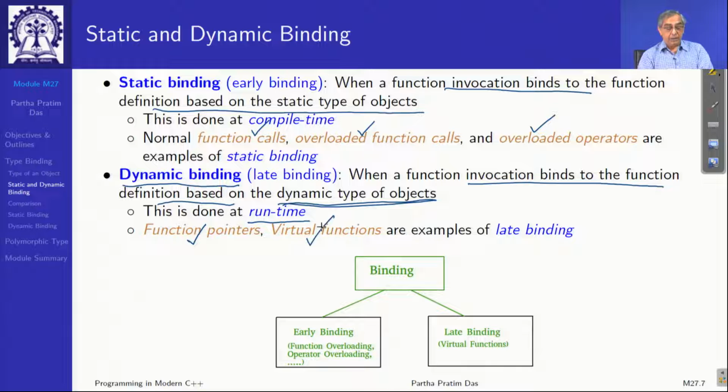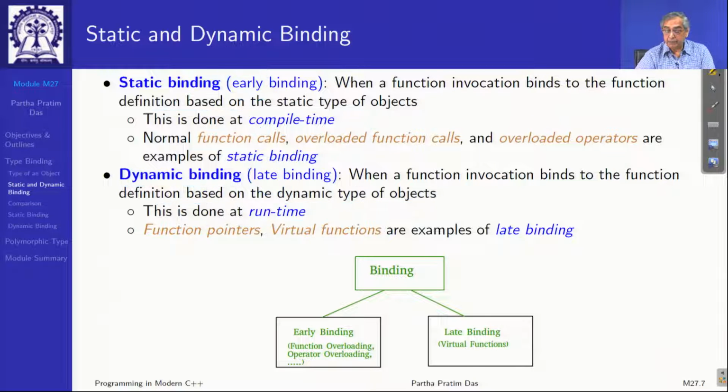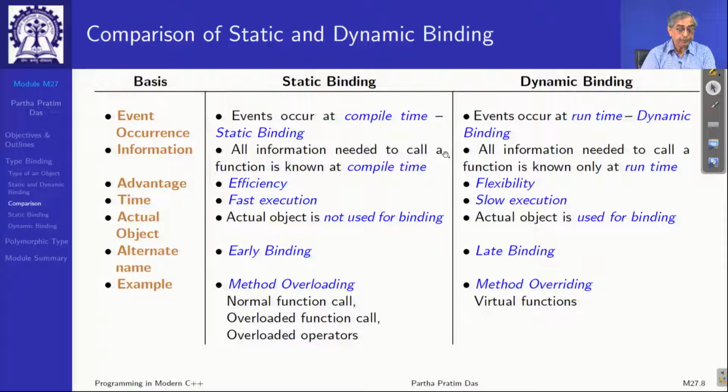Virtual functions are really the dynamic binding mechanism in C++. Since static binding is done in the compiler, it is called early binding. Since dynamic binding happens at the runtime, it is called late binding. So, these are the basic binding notions.